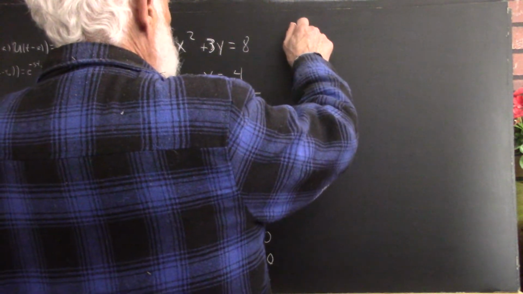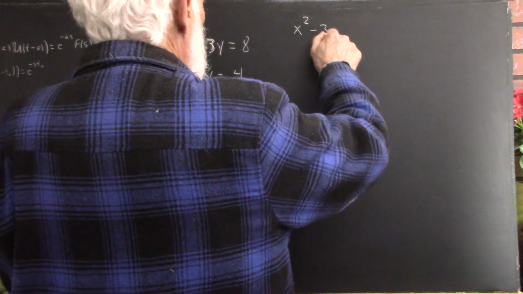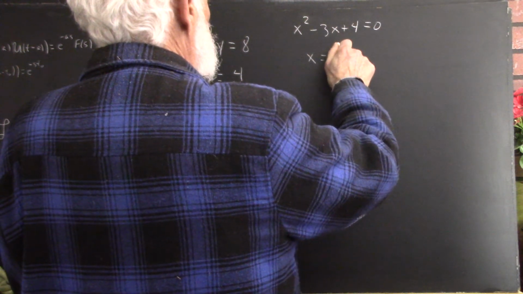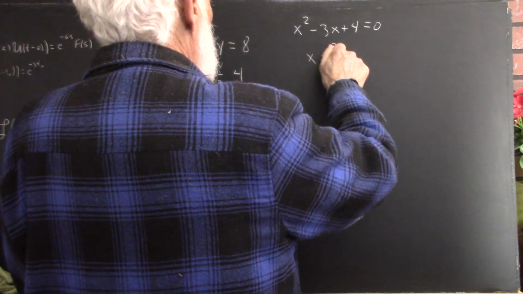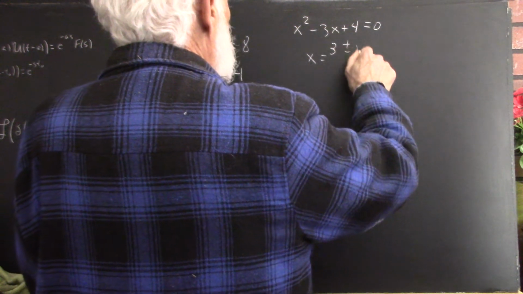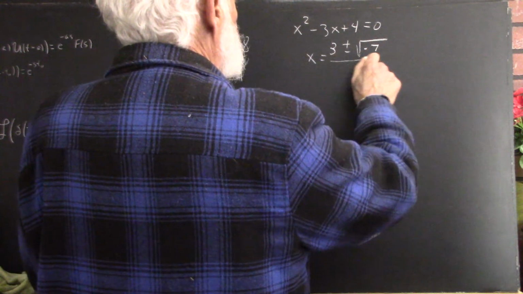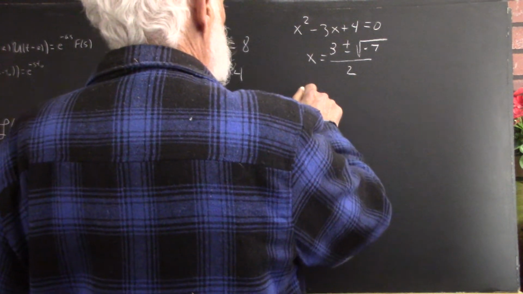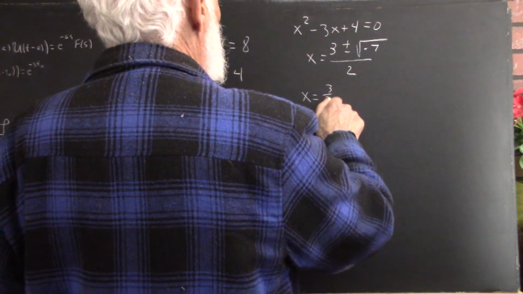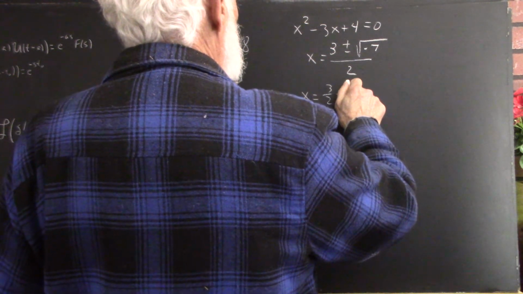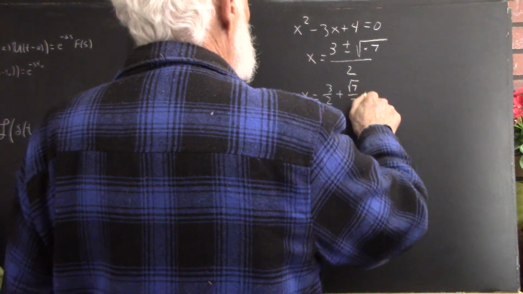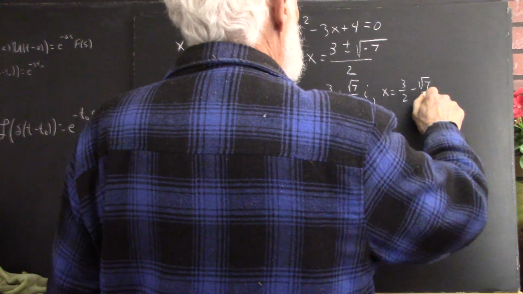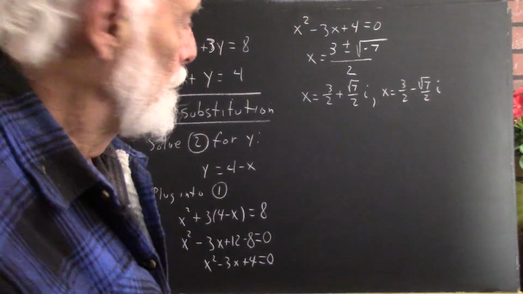So we get x equals 3 plus or minus the square root of negative 7, divided by 2. I'm not going to write out all the steps. So we get these two solutions.